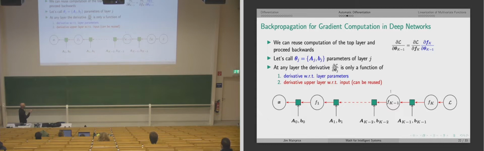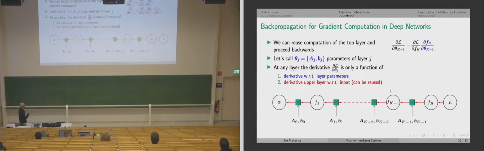So we are multiplying the derivative of the loss with respect to the loss input, so this guy, the derivative of the upper layer with respect to the input, and then the derivative of fk with respect to its own parameters. That's the first part here.